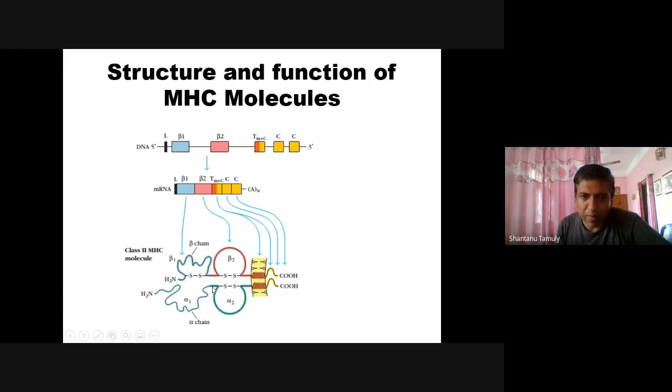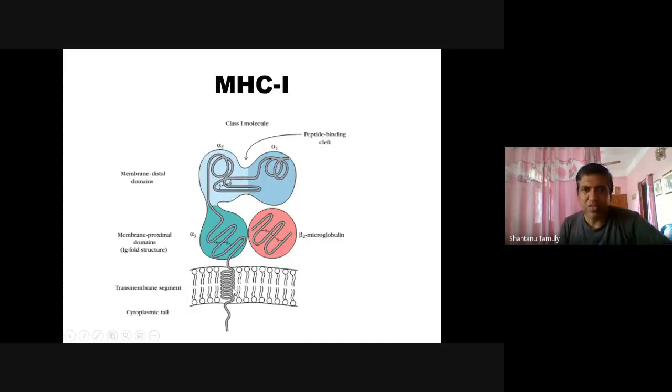This is the alpha domain, this is the alpha 1 chain. This is the beta domain, this is the beta chain. Now this part is responsible for making the pocket for holding the antigenic peptide. This is just another diagrammatic view.